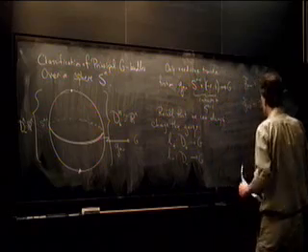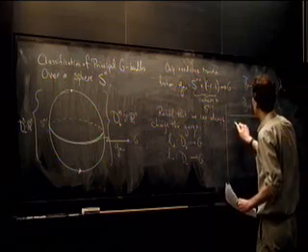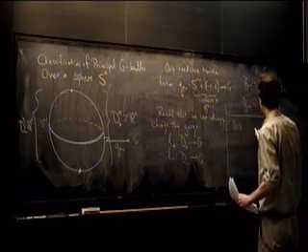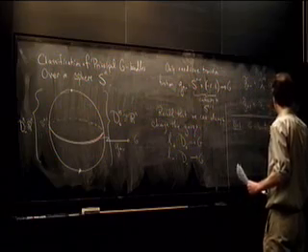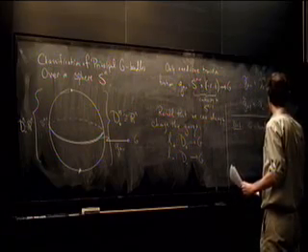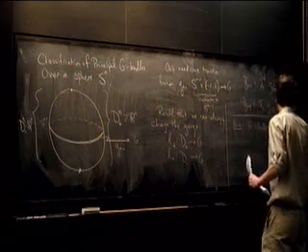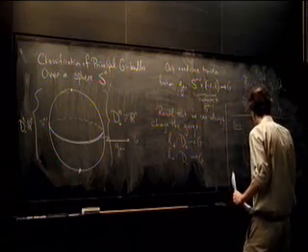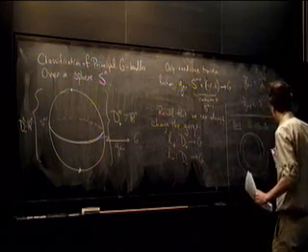Okay, well, let's warm up with the case n equals 1. So we have G bundles over a sphere. And in this case, and only in this case, our overlap region is disconnected.